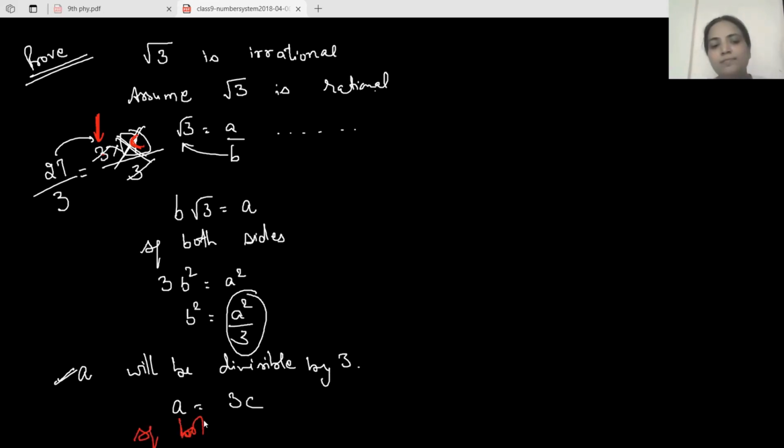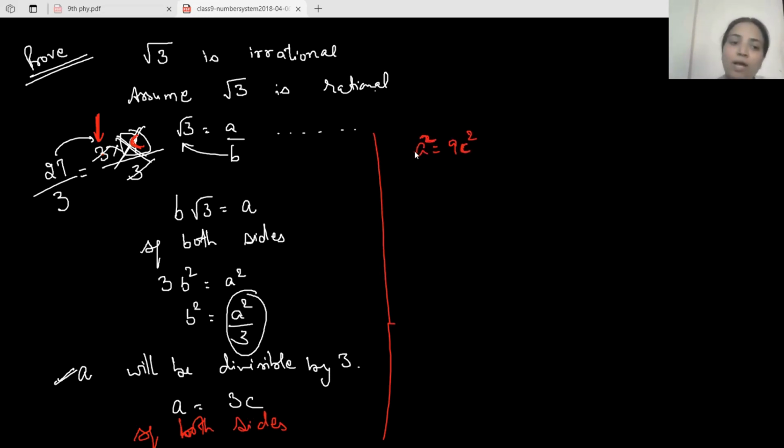Now I'll again do squaring. Squaring both sides. Now it will be a square equals 9c square. Now I'll put this a square value in the equation that I have.